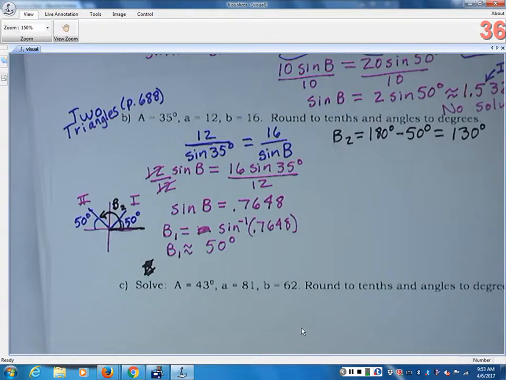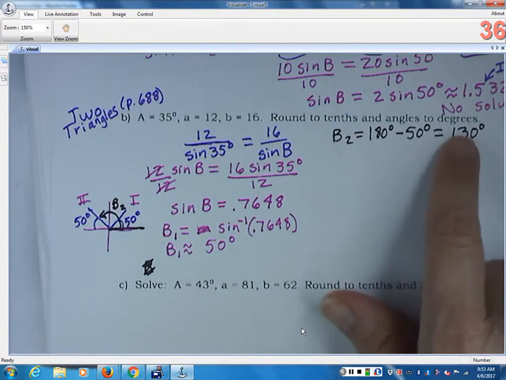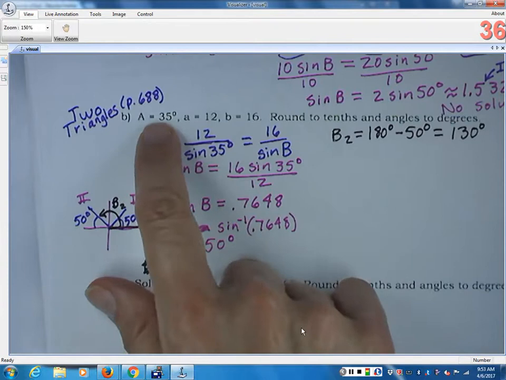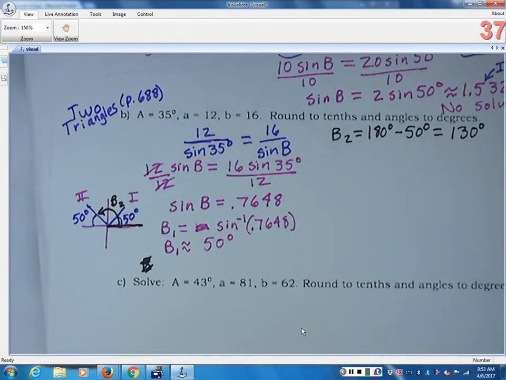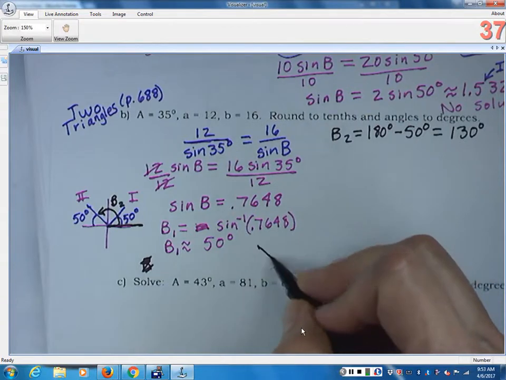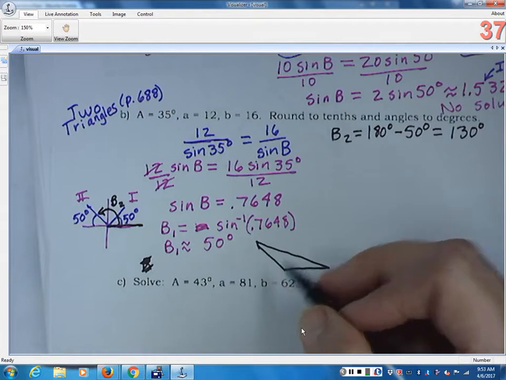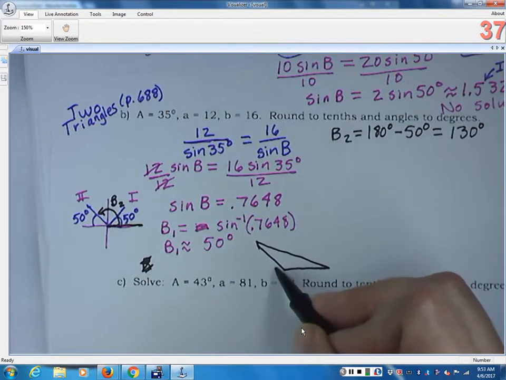If this angle was too big and added together with this was more than 180, then there wouldn't be a second triangle. And that's what you're going to see in the next example. So we've got two triangles. We're going to have one that looks like this, and one that looks like, oh, this must be B2, sorry.